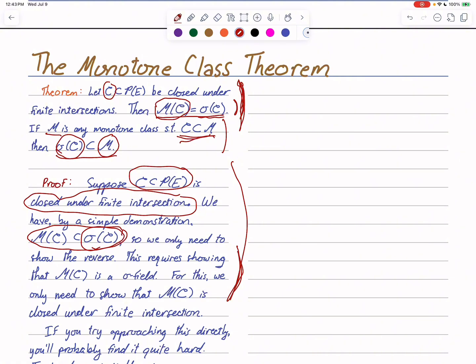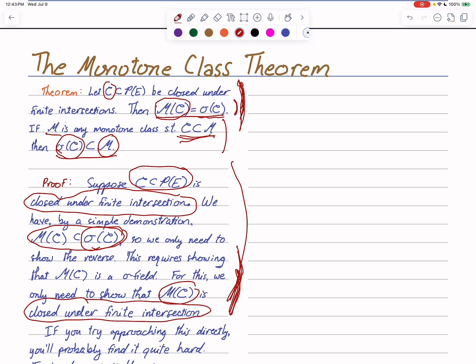To show that it is a sigma field, we could try to do it directly, but really the easiest way is to use that thing that I said at the very beginning: if we could show that this thing, which we already know to be a monotone class, is further closed under finite intersection, which is a pretty reasonable way to approach this proof.